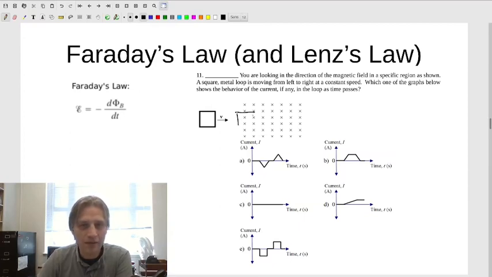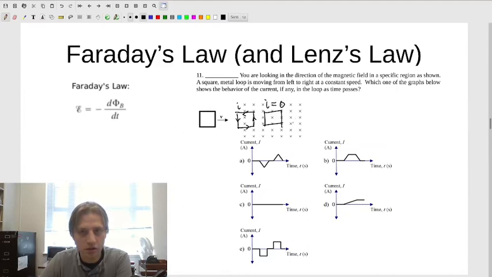So, as this loop enters the magnetic field that's pointing into the page, it's going to try to have an induced magnetic field that's pointing out of the page and cause a current that's going in this direction. But once that loop is inside of the magnetic field, the magnetic field inside of the loop is not changing, so the current is just 0.